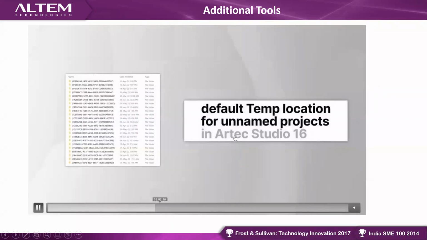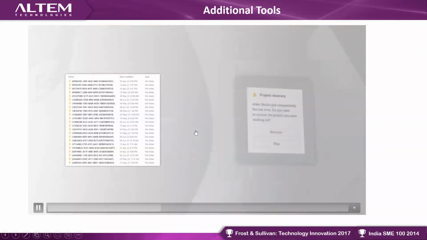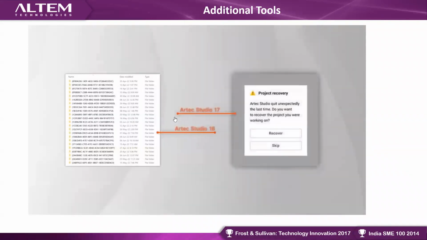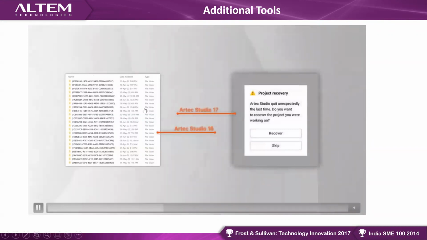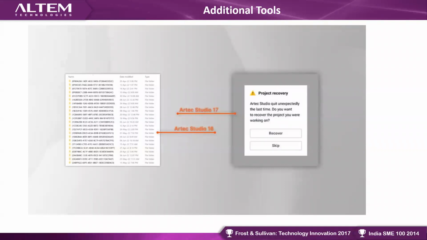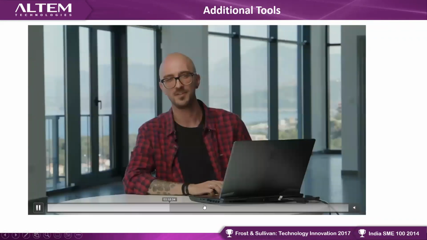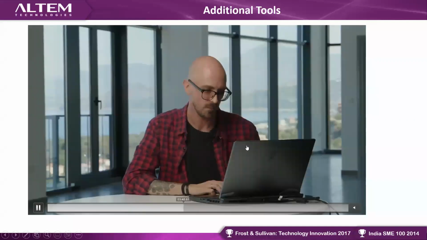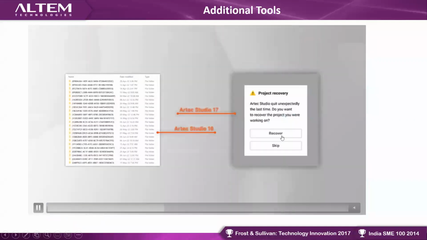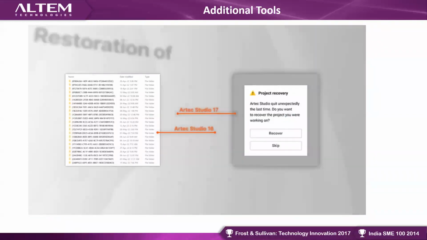And one more latest feature in 17 is that if you are working and the software suddenly crashes, it used to be difficult to retrieve the work, because it used to go directly to your temp files and you could not recover that. But now if something happens and the software closes automatically, whenever you open the software next time, it will automatically understand that and offer you a recover option. It is directly the first step: if you click on recover, it will resume from wherever it had stopped.